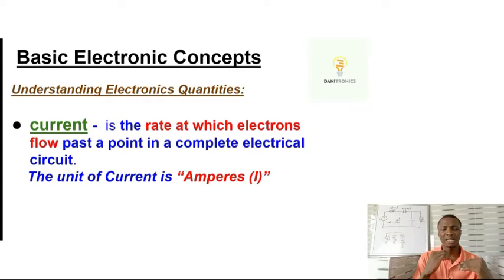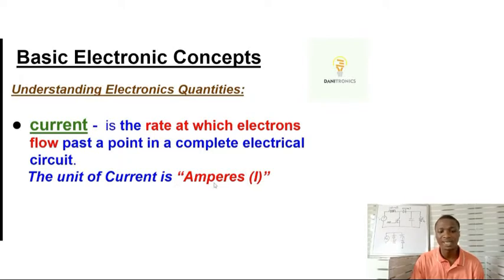That means the current at this point may be different from the current at this point based on the system, based on the circuit, but the speed at which it flows at this point is the current. So remember in our previous definition of voltage, we talked about pushing electrons. Now those electrons keep flowing at a rate. The rate at which those electrons flow in the entire system is what is called current.